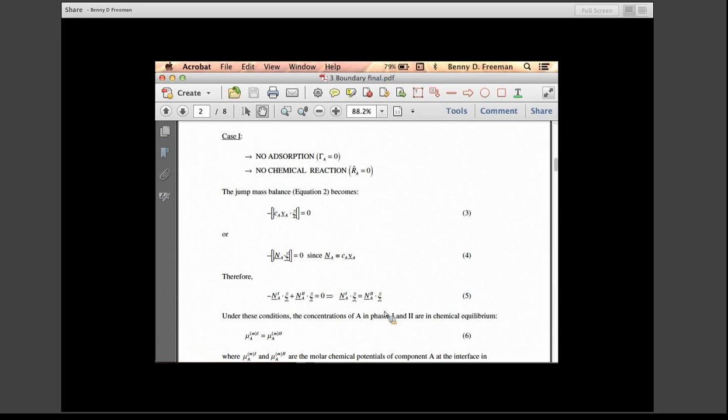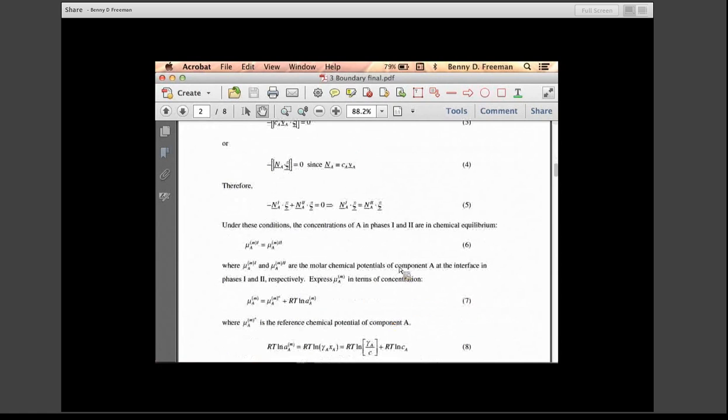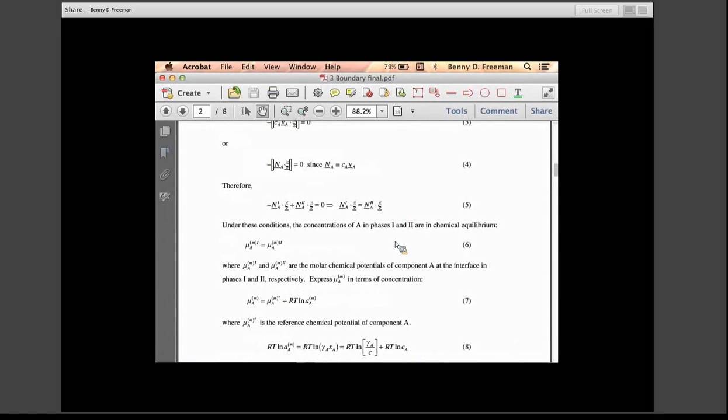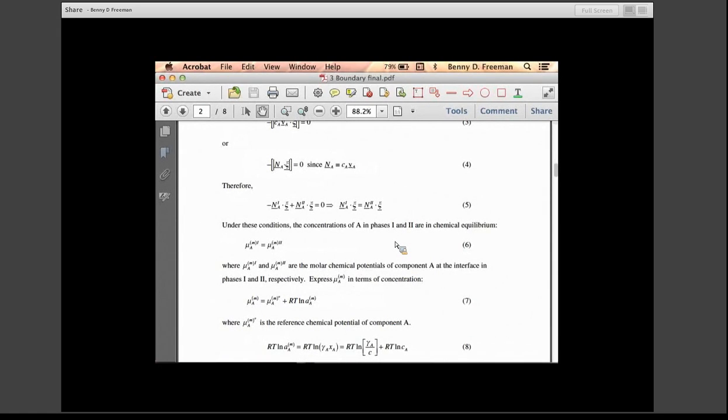Now, when you have the situation where the fluxes are in balance, it also turns out that that's an indicator that the interface is in chemical equilibrium. And the condition for chemical equilibrium is that the chemical potential of A in phase one right at the interface is equal to the chemical potential of component A right at that phase interface.